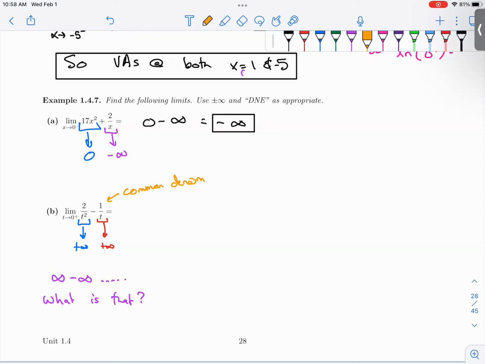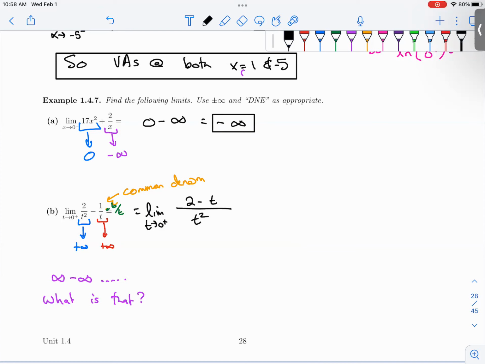The only thing missing is that the second fraction is missing a t, so times t over t. And you get the limit as t approaches 0 from the right of 2 minus t over t squared, because you'll get 2 over t squared minus t over t squared. So you get 2 minus t over t squared.